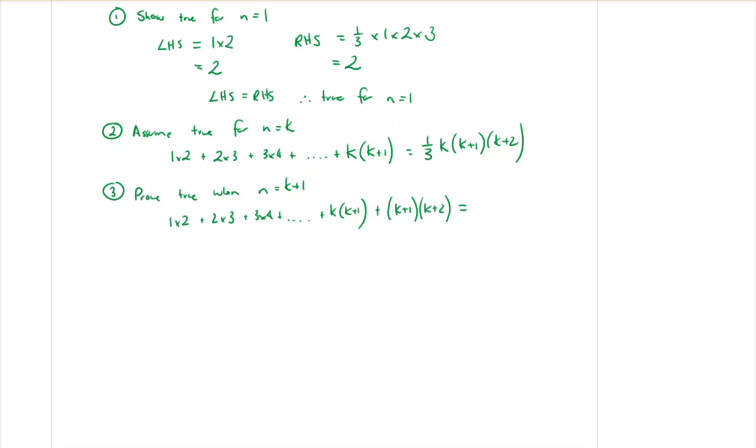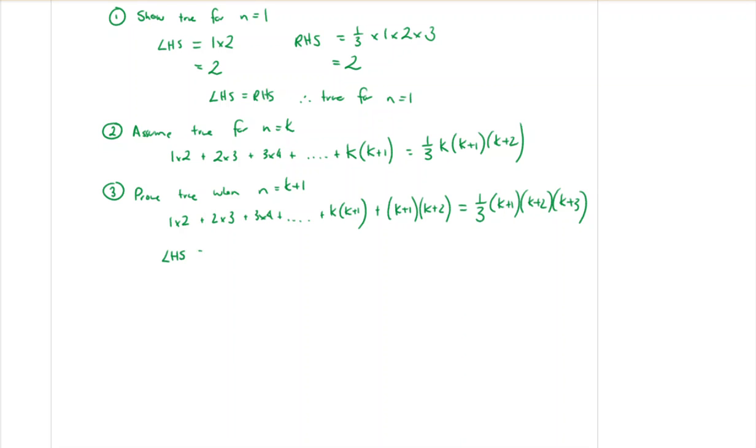Okay, equals. On the right-hand side, we have 1/3. The k becomes k plus 1, the k plus 1 becomes k plus 2, and the k plus 2 becomes k plus 3. Very good. Now we have to start with the left-hand side and try to get all the way through to the right-hand side.